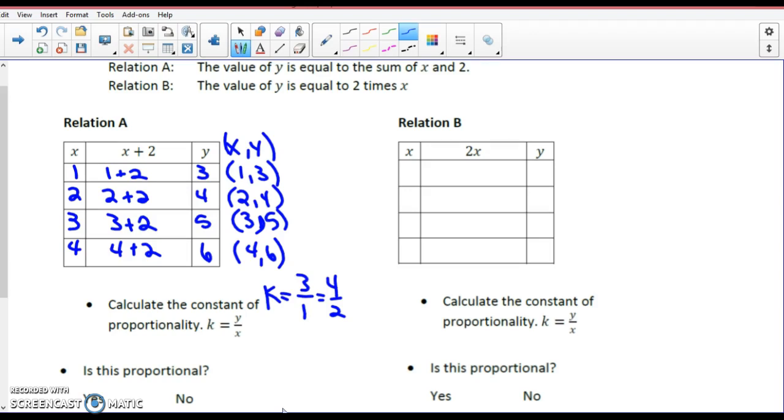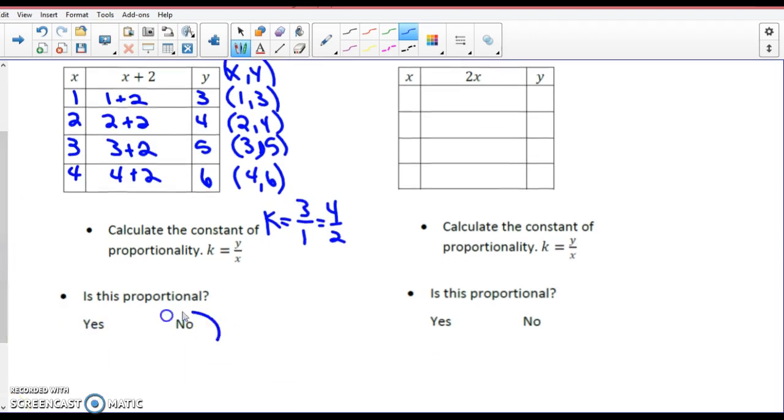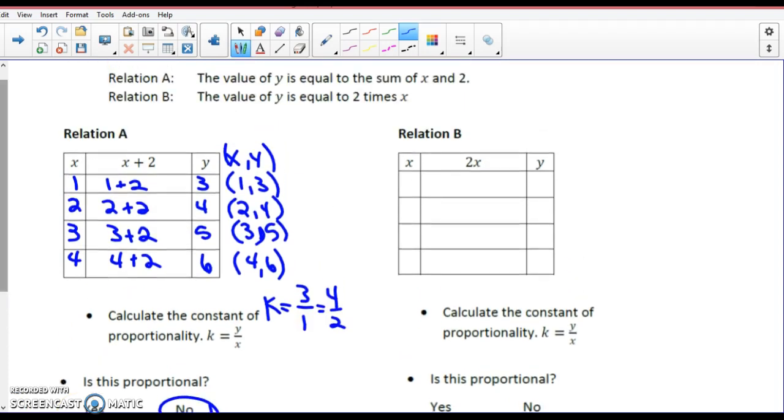No. So, is it proportional? No. It's not proportional. We should have already kind of clued into that, because isn't the equation here y equals x plus 2? Is that in the form y equals kx? No, so it's not proportional. That is linear, which we'll learn about later, but it is not proportional.